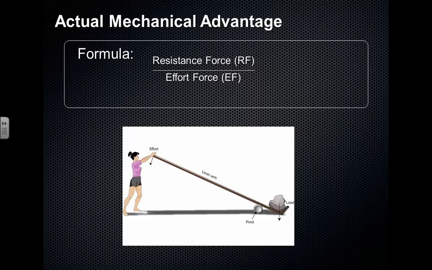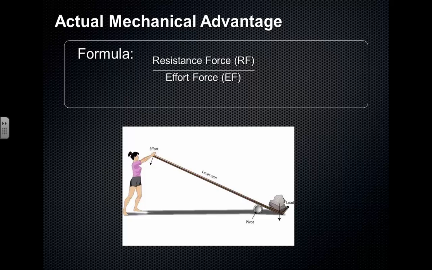So if we wanted to figure out how much it's helping her, okay, we can calculate its actual mechanical advantage, the actual mechanical advantage of this lever. The way we do that, the formula, it's the resistance force divided by the effort force. So the key thing to know is that the resistance is the object you're trying to move.